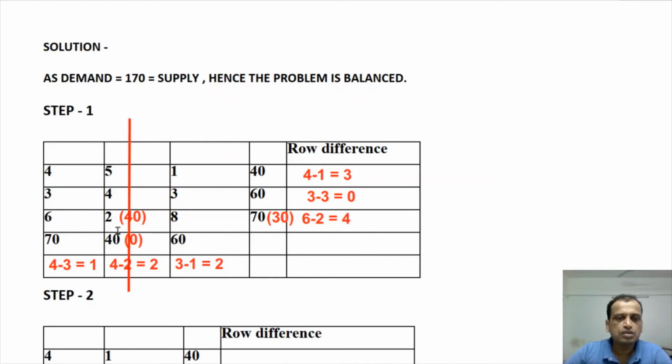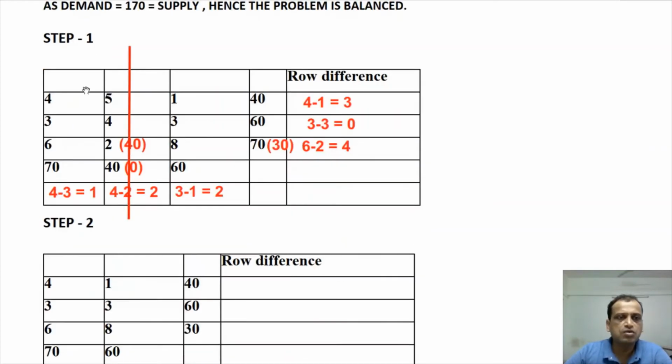Clear? Now we will go into the next step. What we have done here, we have copied down these two columns and this supply as well. The modified one is the 30. Now let's start again with the same process. What is the row difference here? Again 4 minus 1, which is equal to 3.